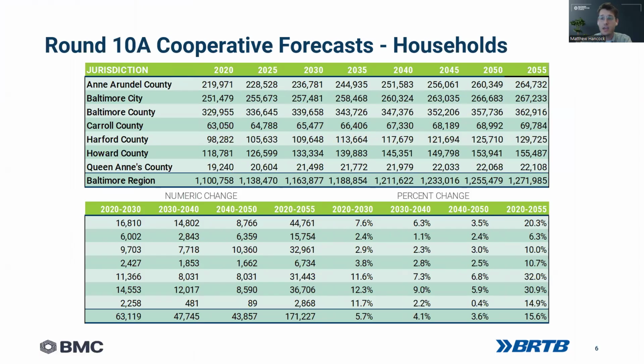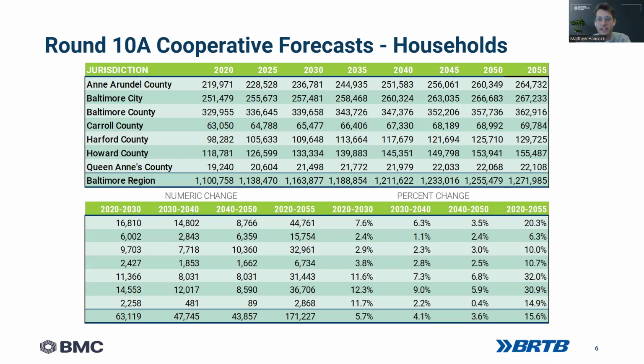Moving on to households, you'll see that Anne Arundel, again, is going to have the largest growth in their forecast, with about 44,761 households. For the base year, Anne Arundel is ranked second in total households behind Baltimore County, and by 2055 it still remains second, but that growth is outpacing the county.